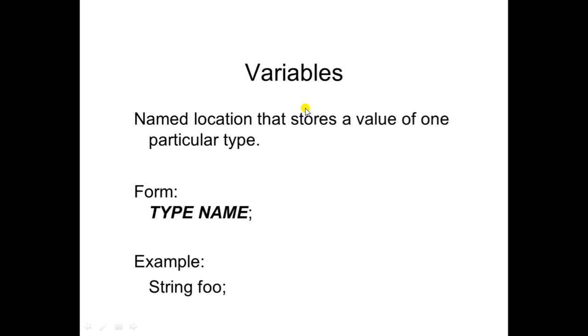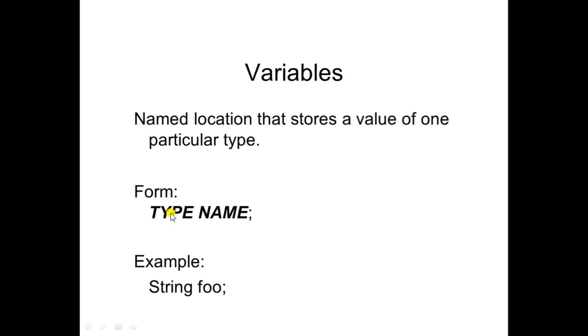So the next is variables. What do you mean by variables? Variables are nothing but that which varies. A variable is a named location that stores a value of a particular type. In the previous slide we have discussed what the types are: integer, double, string. So for the syntax, you need to specify the type in Java.